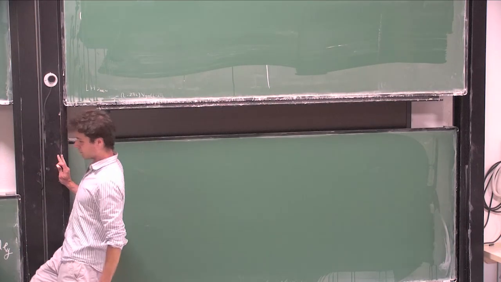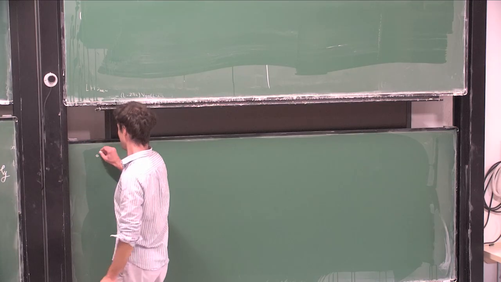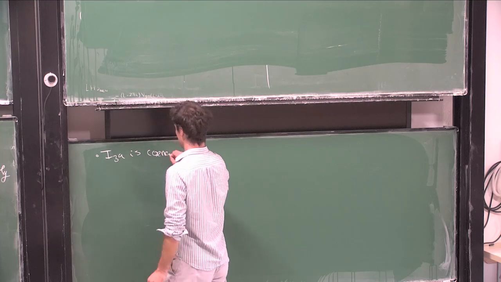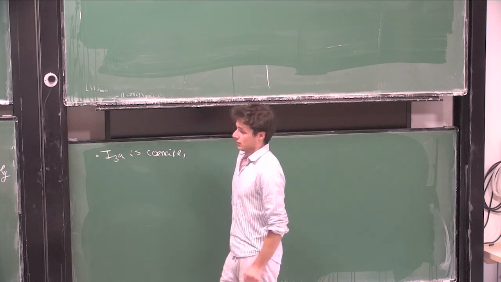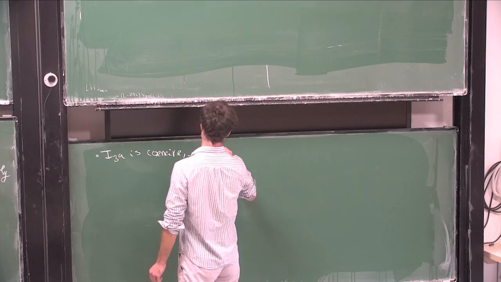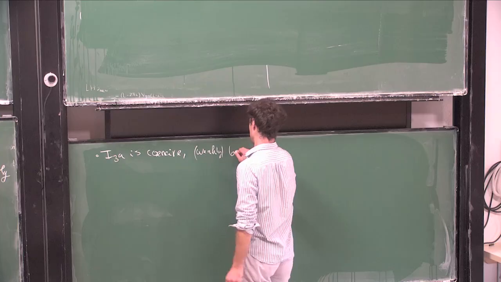So from its expression, you know that I is coercive. Thanks to the Moser-Trudinger inequality, you know that it's weakly lower semi-continuous.